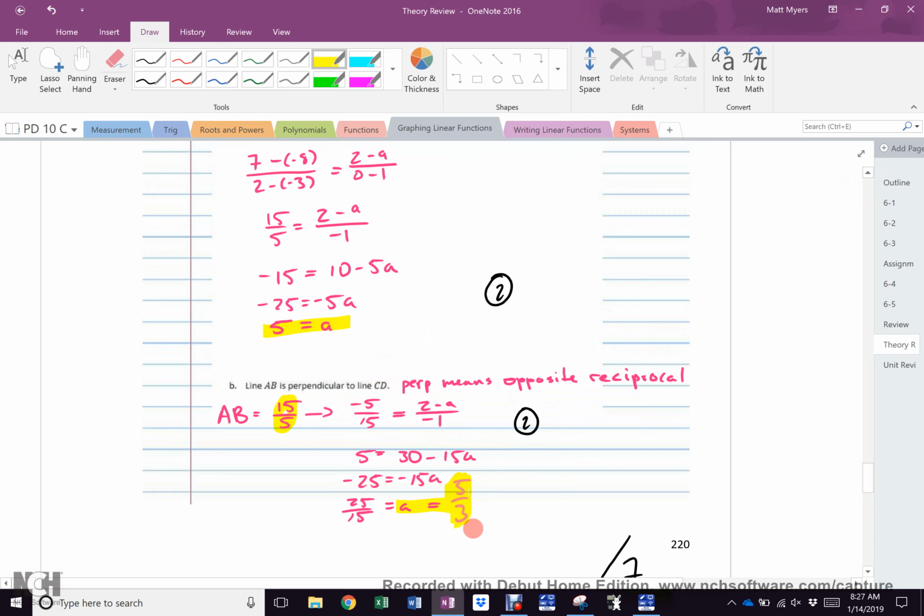You could also, with this one, have flipped the other side and left this as 15 over 5. You would have gotten the same answer. The keys, of course, are the words perpendicular and parallel. If they're parallel, the slopes have to be the same. If they're perpendicular, they have to be opposite reciprocals.